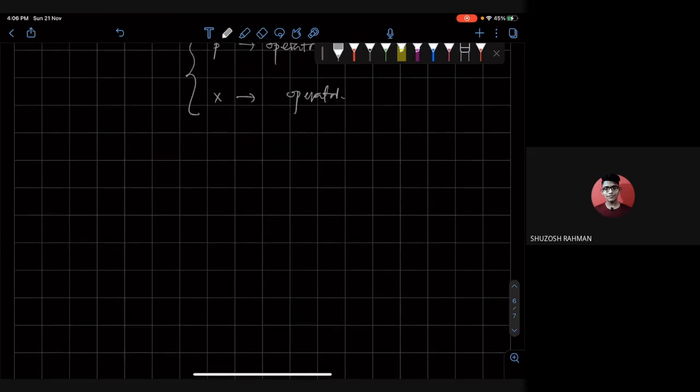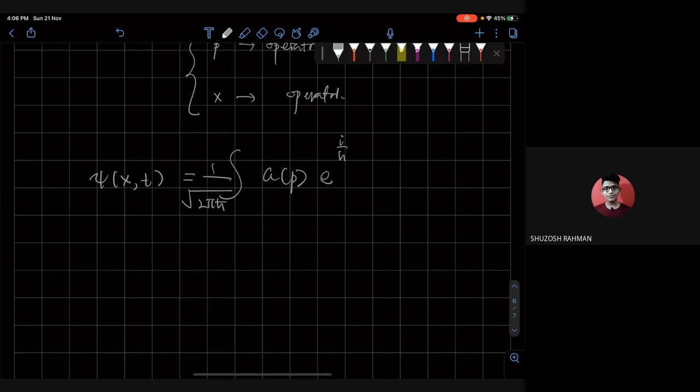So for today, I'm just going to state this as a fact, and next time I will prove this. So if psi of x and t is given by 1 over square root of 2 pi h bar, integral of A(p) e to the power i by h bar (px minus Et), and this is actually not very hard to prove.